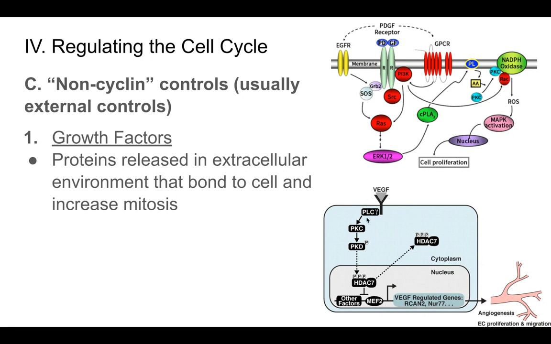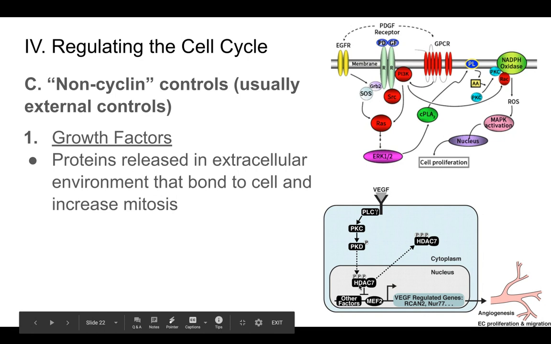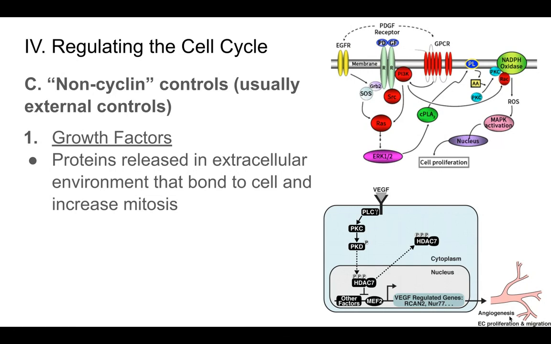Down here, if we look at VEGF binding to the receptor, the cell communication pathway enters the nucleus, some stuff happens, and what do we get? Something called angiogenesis. And there's our word again, proliferation. So cells are dividing. Great examples of these growth factors are the two I've just showed you.